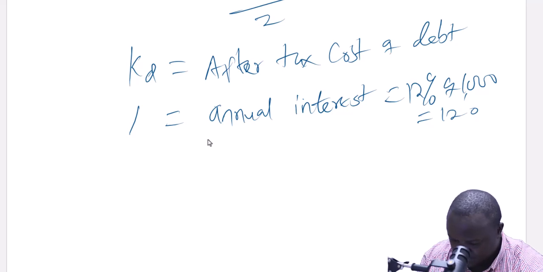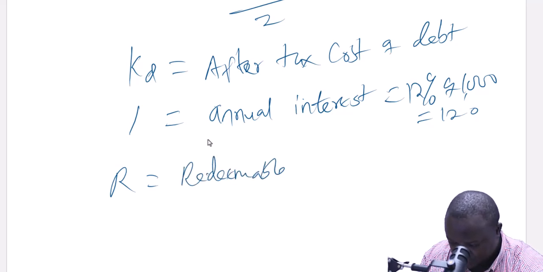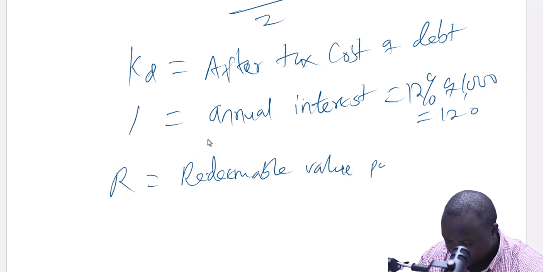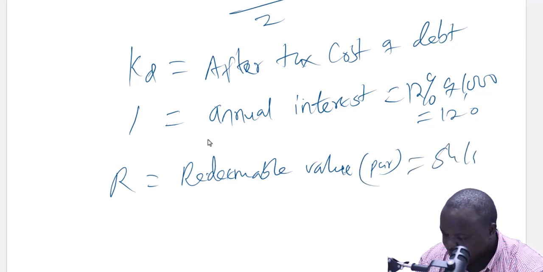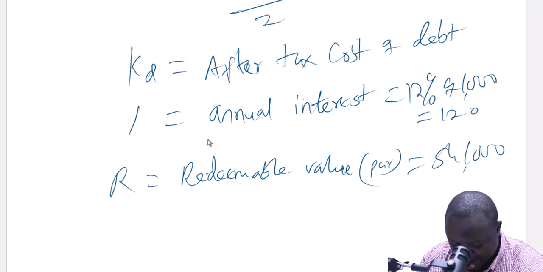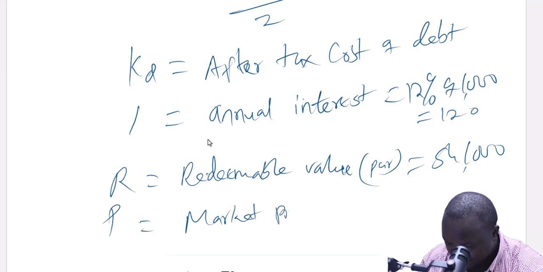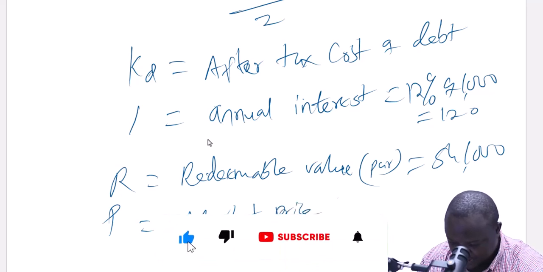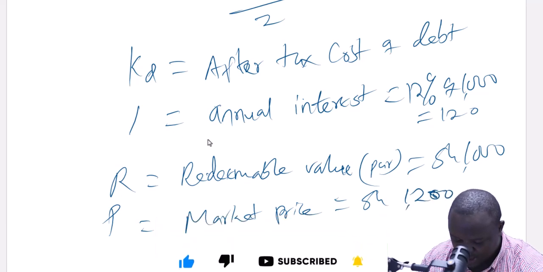So let me remove that confusion. In our formula, the R is the redeemable value, per share, which we have been given as 1,000. P is the market price, which we have been given as 1,200.